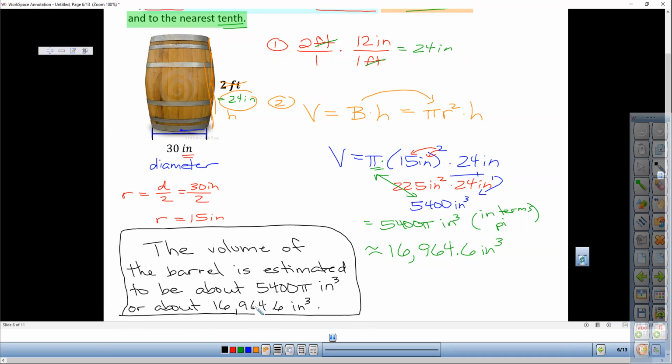They're both technically approximations because remember, the barrel is not a perfect cylinder. So that's why I used about on the 5,400 pi, even though I didn't round there. I am estimating, and both of these are technically estimates. And then I connected them by or, since I'm looking at it either in terms of pi or as a decimal.